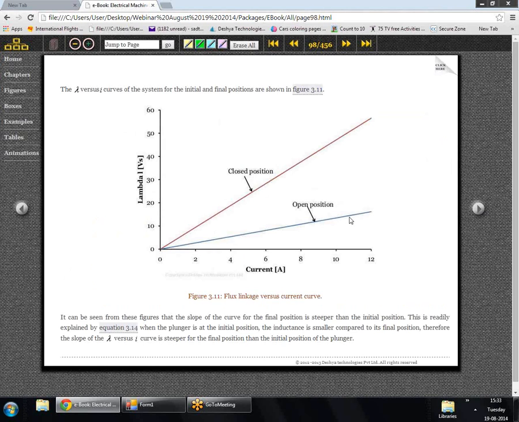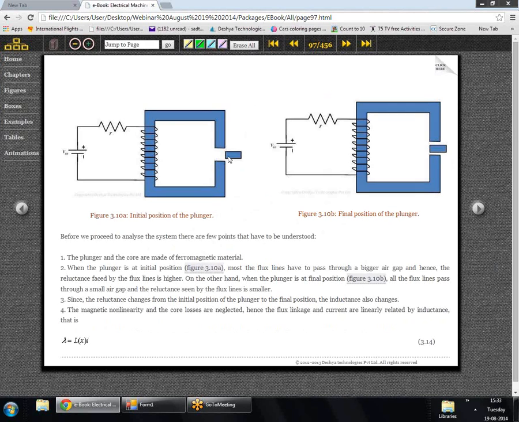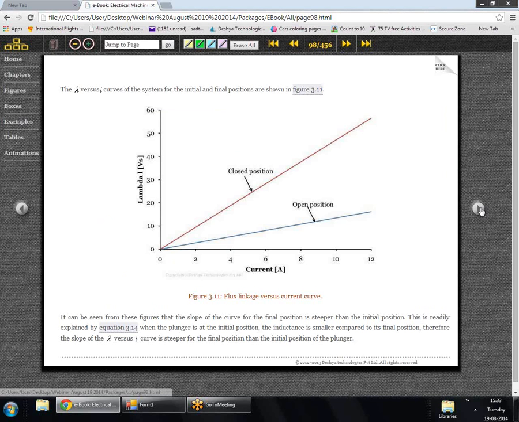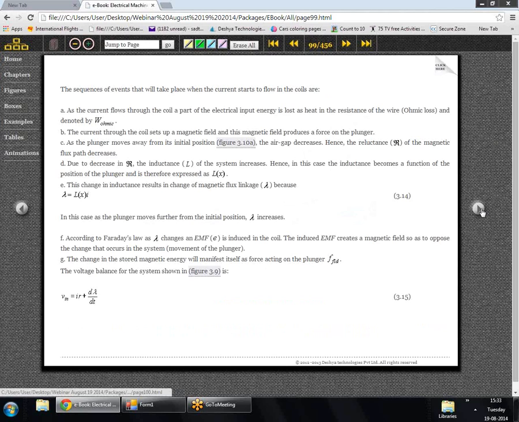That's true, because in open position, if we look at the figure back, we have a larger air gap and less ferromagnetic material, hence the inductance of the system is less. Similarly, in the closed position we have more ferromagnetic material and less air gap, so the inductance is larger, as shown by the red curve in figure 3.11. So the slope of this line is higher. So here what we have is the lambda versus I curve for the two extreme positions of the plunger, and this is what is shown in figure 3.11.